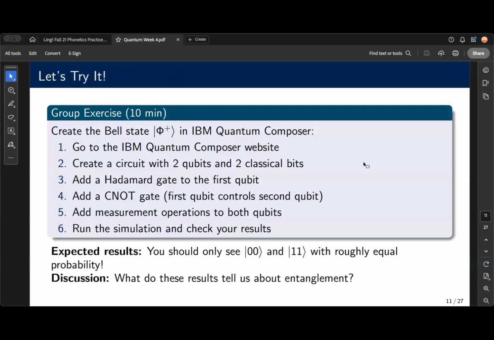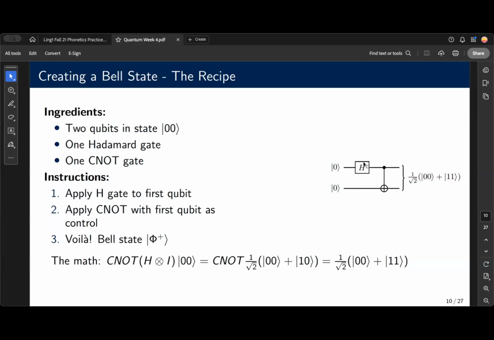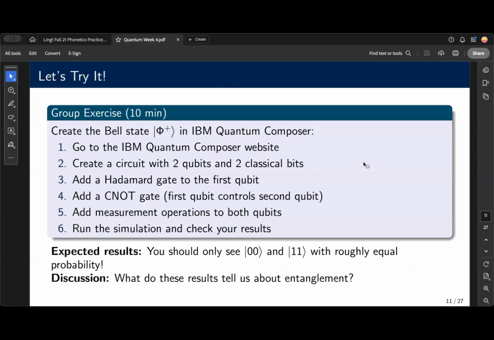So this is the exercise that we're going to do. The state we looked at, 1/√2 (|00> + |11>), we're going to build it in the composer. So you should go to the IBM Quantum Composer website and create this circuit with 2 qubits and 2 classical bits. The classical bits are really used to store the measured values of the qubits. So you can ignore that step right now.